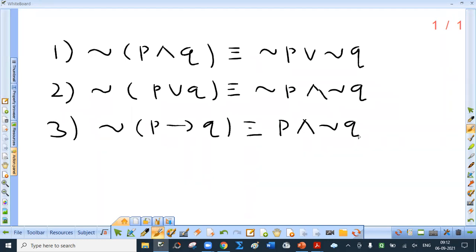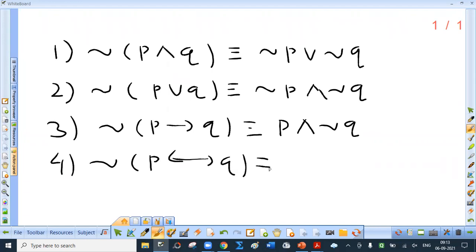The logic is we construct the truth table and we say that entries in the last column are identical and therefore negation of P implies Q is P and not Q. Now if you remember this, then you can easily obtain negation of P biconditional Q.